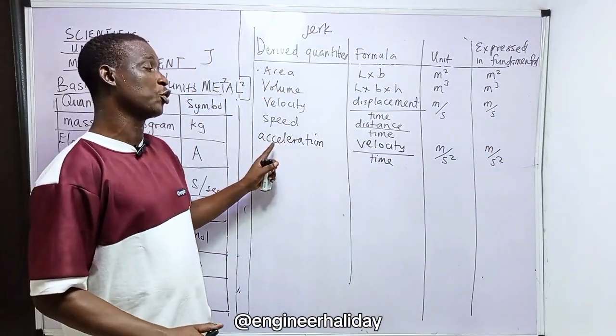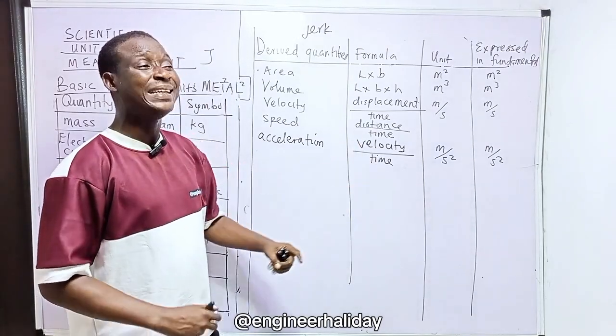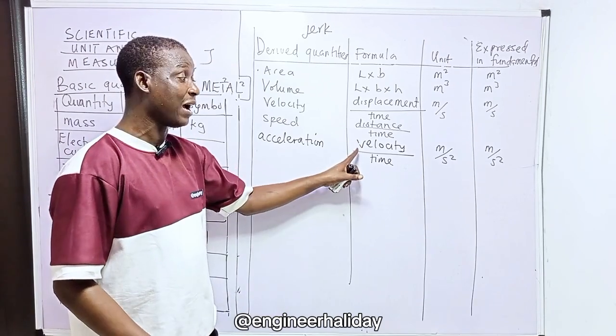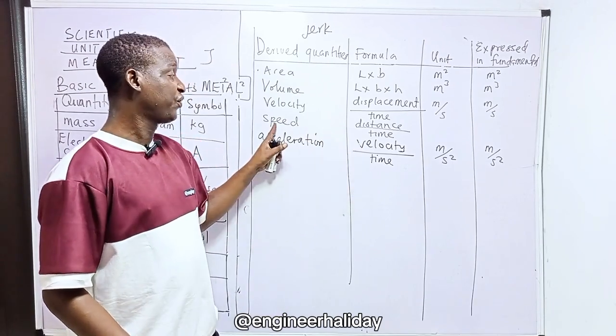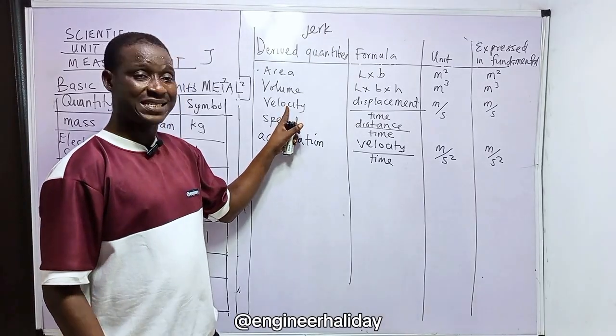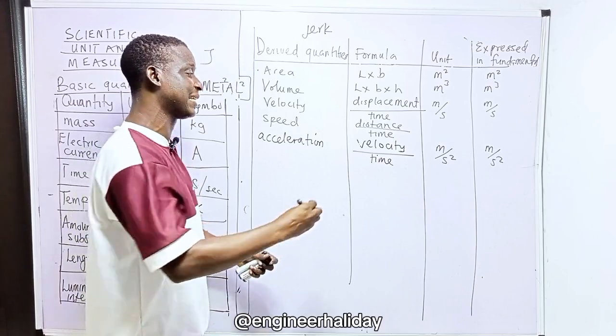In magnitude, acceleration can be defined as speed over time, but in terms of magnitude and direction, as velocity over time. Velocity can be expressed in vector form, while speed can be expressed in magnitude, in scalar form.